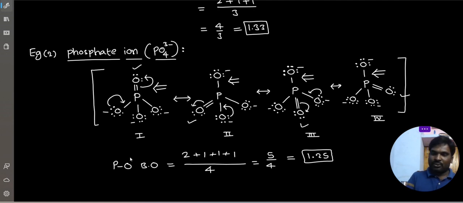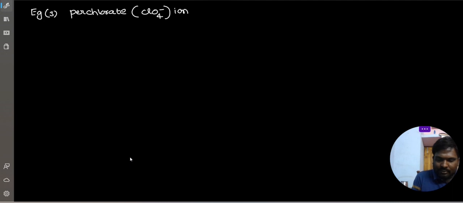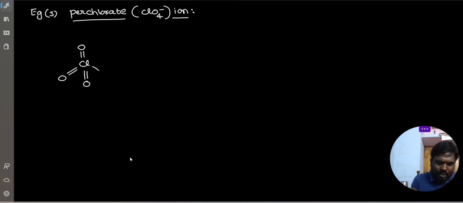1.33. Now moving to the third example: the perchlorate ion, ClO4 minus ion. Here, how many resonance structures are possible? Here no need to write non-bonded electrons, that means lone pairs. Directly you can write.